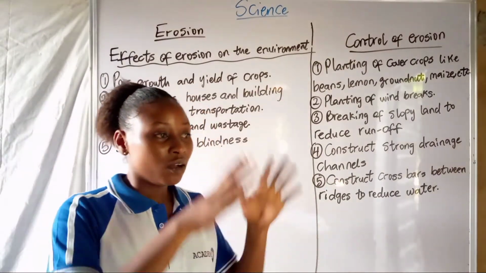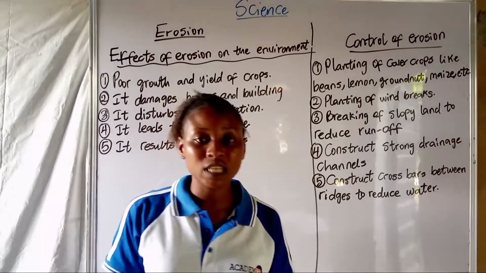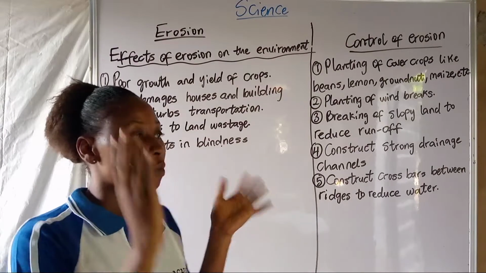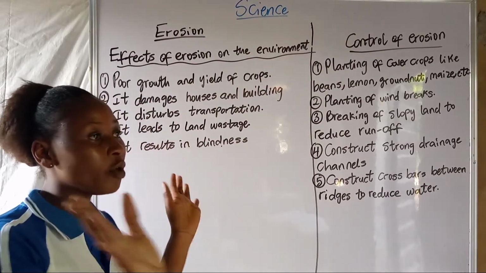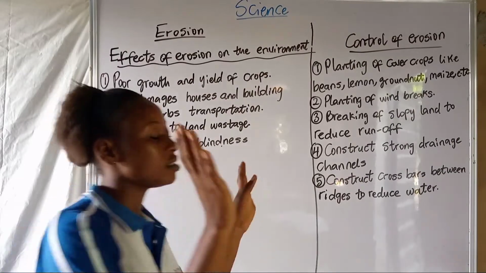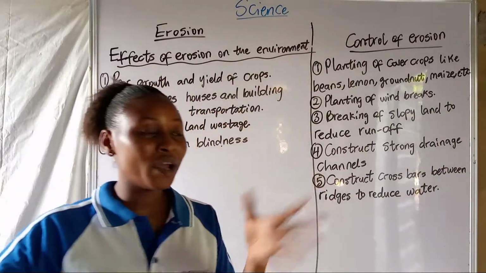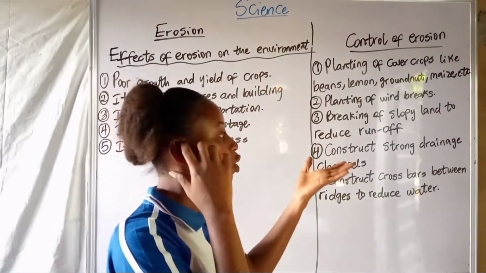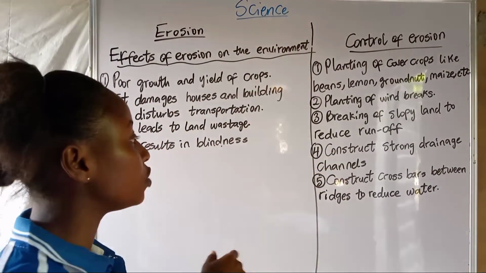That's why it's advisable to have trees around your house. So it helps to control erosion. The wind won't just have a path to go through, but when there are trees surrounding, it helps to control wind erosion.